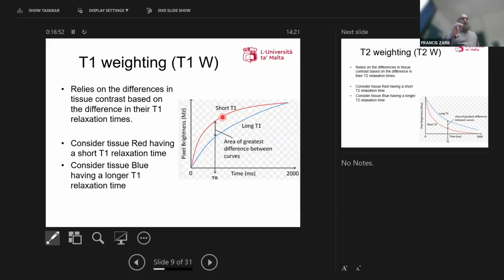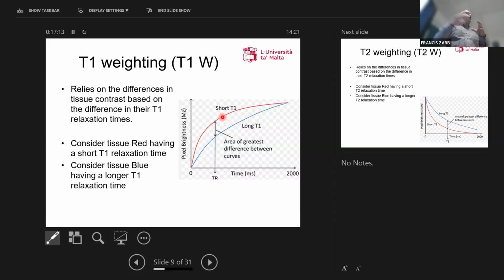T1 weighting relies on the difference in tissue contrast based on the difference in their T1 relaxation time. Consider the red tissue having a short T1 relaxation time and the blue tissue having a long T1 relaxation time.